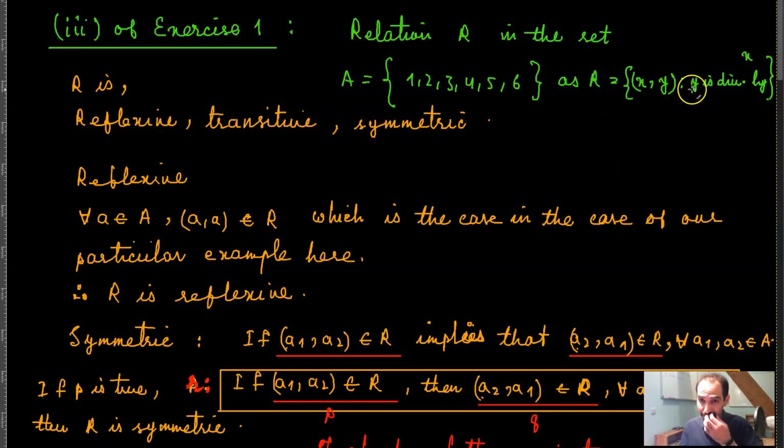So for example, one such ordered pair would be, if y is supposed to be divisible by x, then 2 comma 4 would be one of the ordered pairs belonging to R, because 4 is divisible by 2.